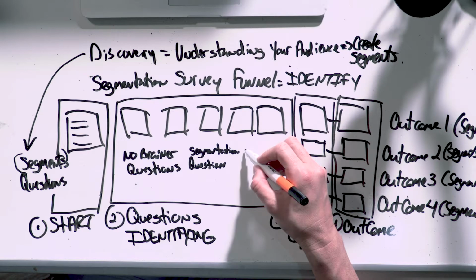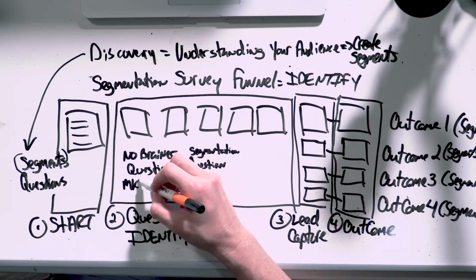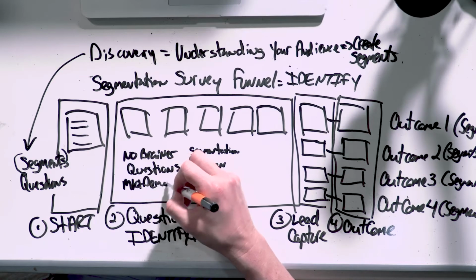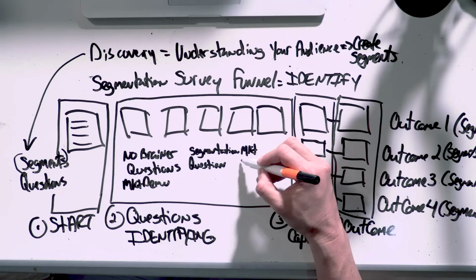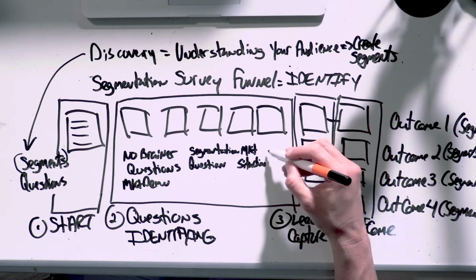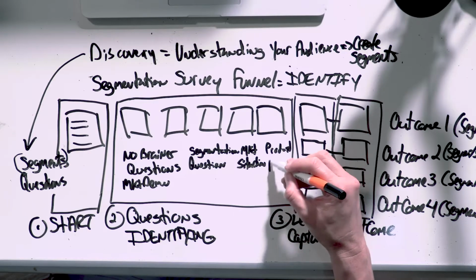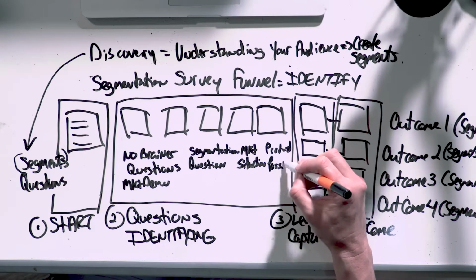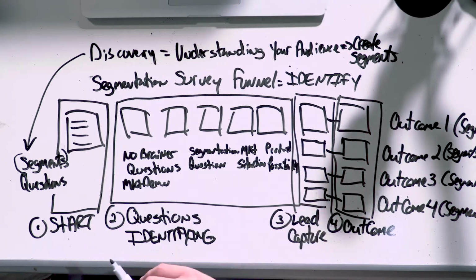The other questions here, so no-brainer questions. This is the market demo, segmentation, market situation, product possibility, or product interest.